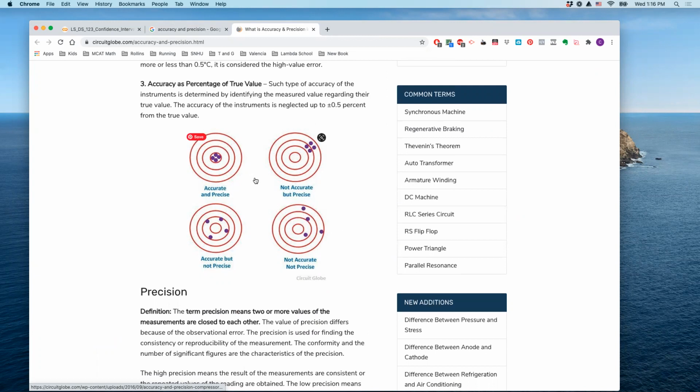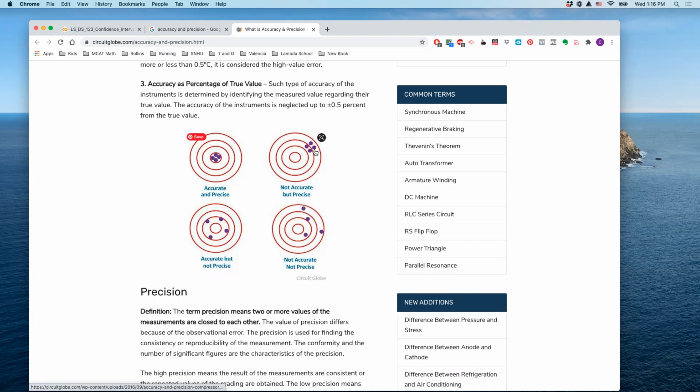Okay, so we've got two concepts, accuracy and precision. Accurate means I got the right answer. Precise means I have a very small range in my estimate. So looking at these pictures, here our results are accurate and precise. I hit the bullseye, I got the right answer, and also my shots at the target are very close together.